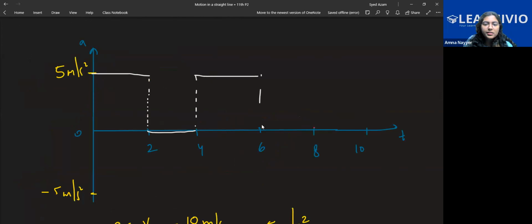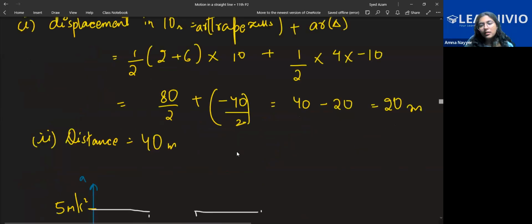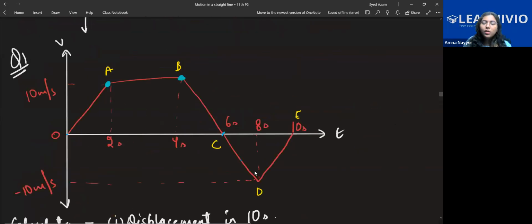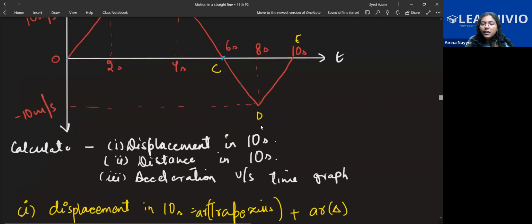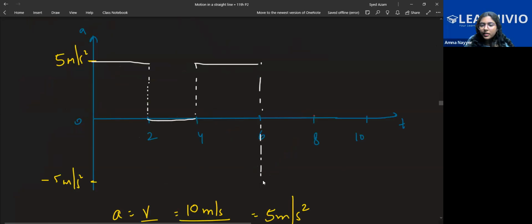Now look, from 6 to 8 seconds, what is happening? Now we are coming to the lower quadrant, that is, the negative part is coming, because this is already negative. So here also same thing is there, constant slope, but the quadrant is different. Look, this is an extension of this only. So 6 to 8 will be like this.